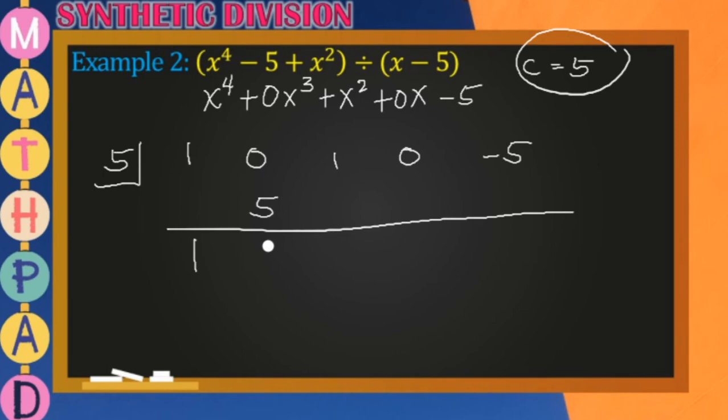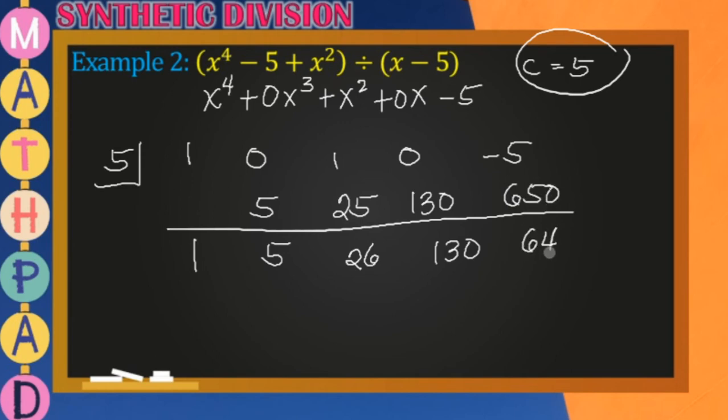Plus 0, that's 5. 5 times 5 is 25. Plus 1 is 26. 26 times 5 is 130. Plus 0 is 130. 130 times 5 is 650. Plus negative 5, that's 645. That's it. Okay?